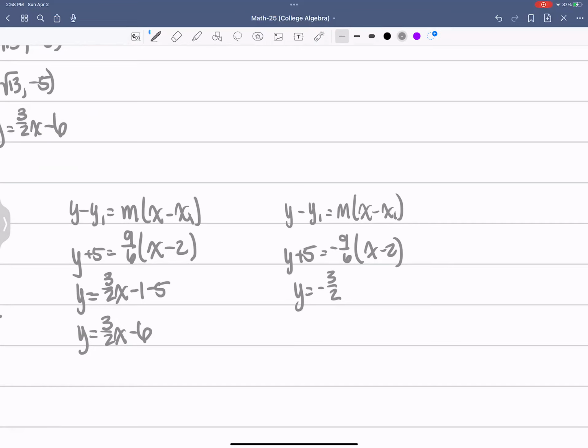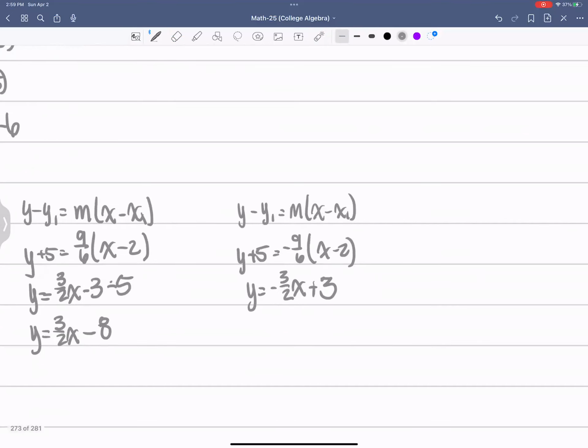Negative, that would be positive, so plus 3, not plus 1. -3x over 2 plus 3, and that was -5 over here.